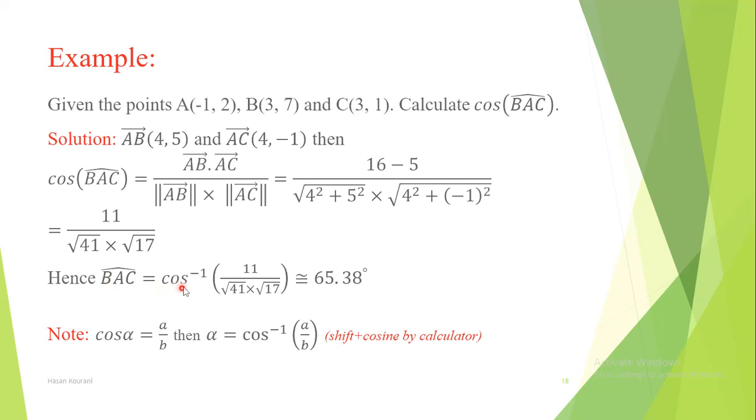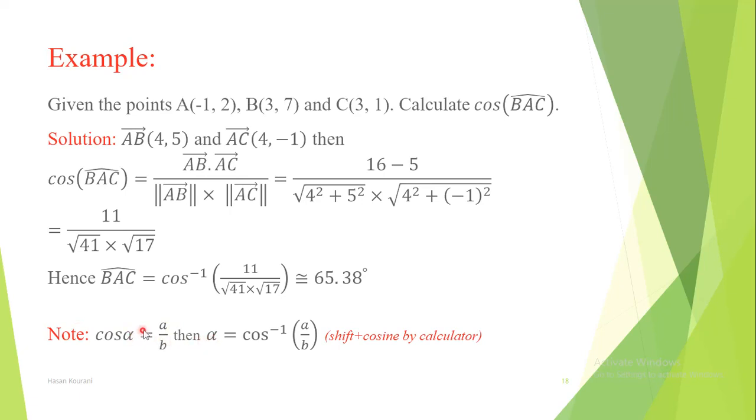it's a matter of calculation using a calculator. It's cosine inverse, which you can use with the calculator by shifting cosine of this value to get the angle itself. Well, this is a note. Cosine alpha equals A over B, which is a number between -1 and 1, as you know, since cosine is between -1 and 1.